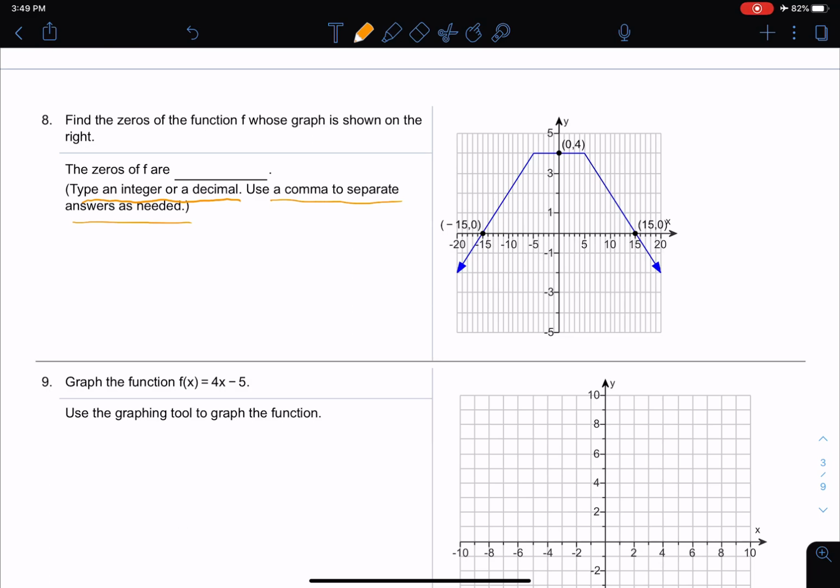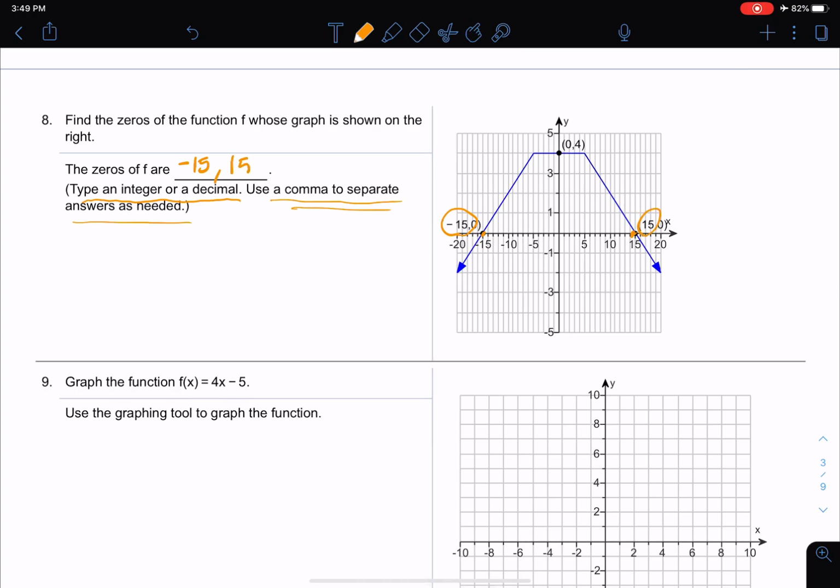So just be careful. So the 0 of this function is just going to be this x-intercept at negative 15. It says please use a comma to separate the answers, so I'm going to put a comma in there. And then it says positive 15 right here, right?